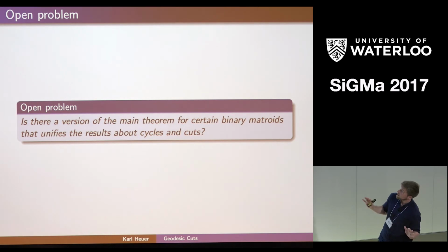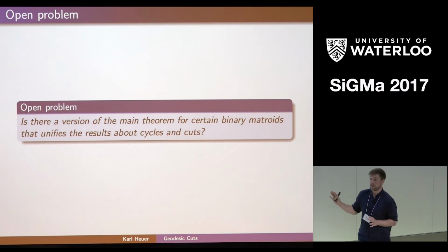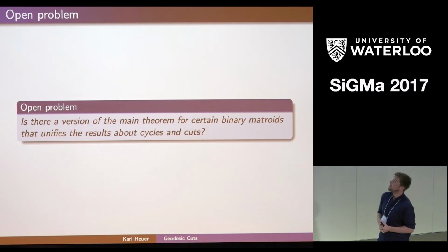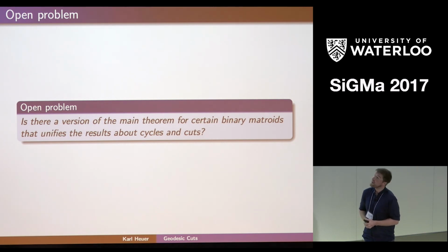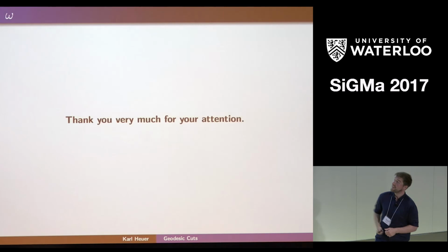For which matroids? For certain binary matroids. But since Nathan and Katrine already mentioned them, I would replace certain now with cofinitary. Yeah, this is all I wanted to say. Thank you very much.